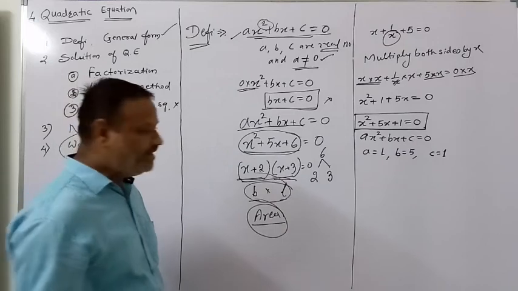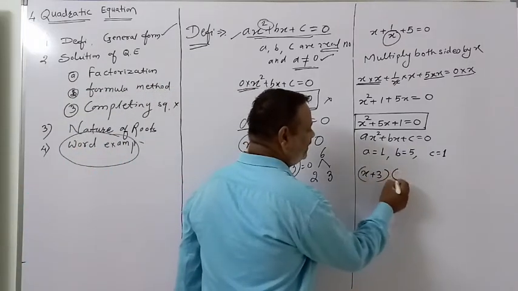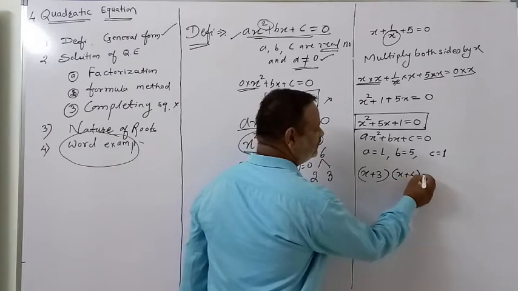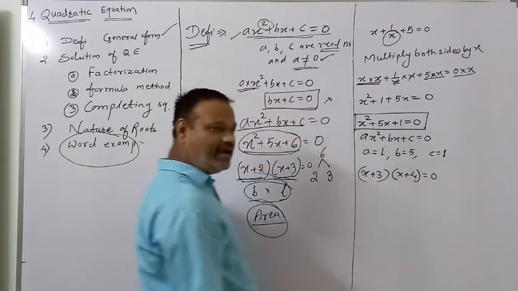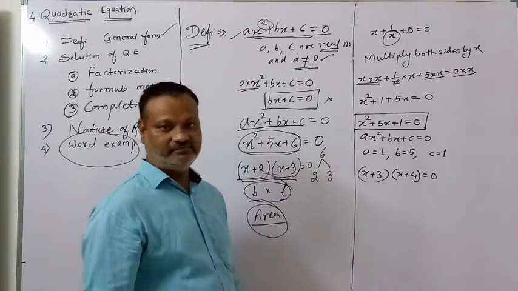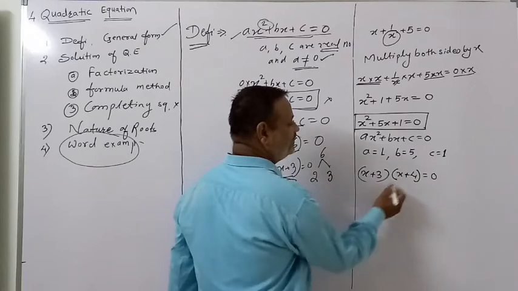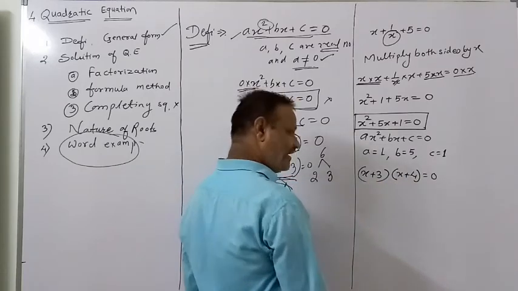Another example we can consider, that is x plus 3 into x plus 4 is equal to 0. We can identify whether this equation is a quadratic or not. Then we just multiply both the factors here.